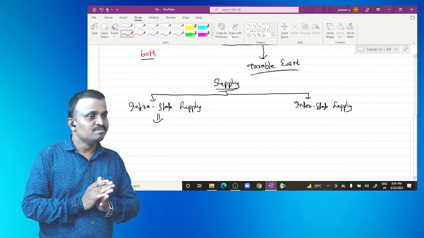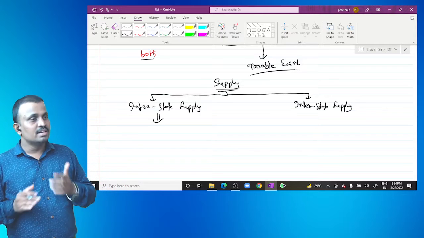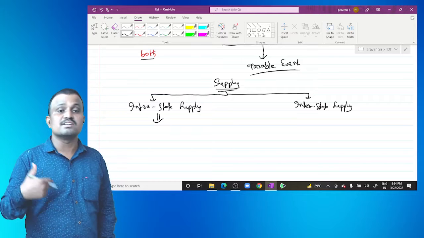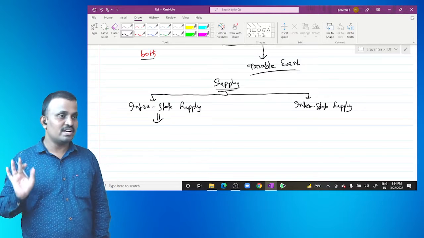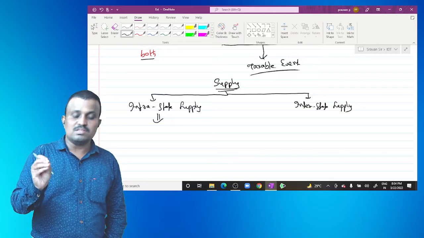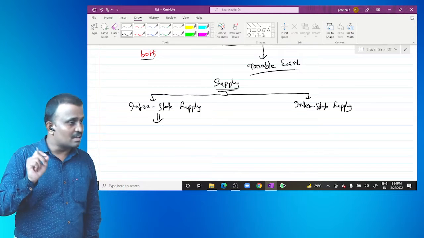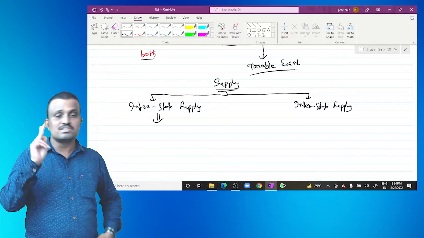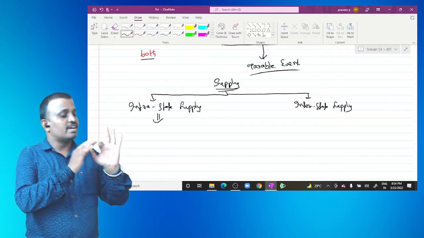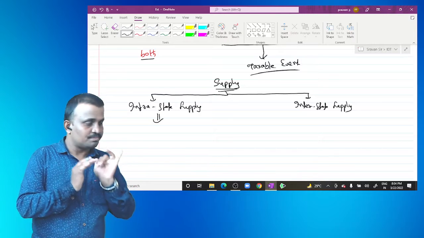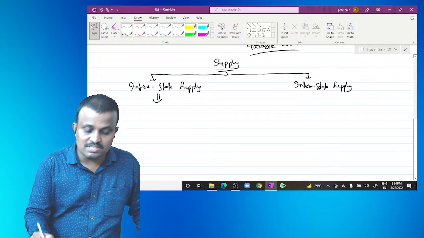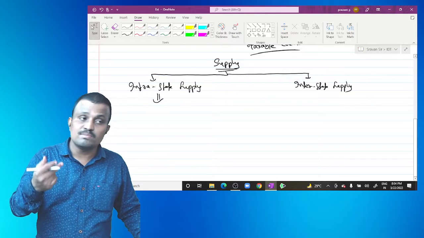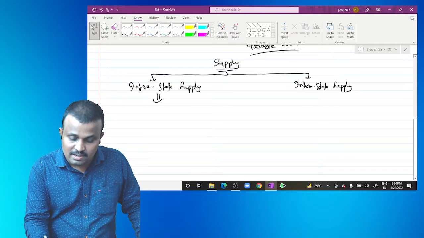In case of interstate supply, the supply is made by one person to another person located in different states or different union territories. But as per the provisions of the GST law, intrastate and interstate supplies are defined based on two factors: location of the supplier and place of supply. If location of the supplier and place of supply are located in the same state or same union territory, those are said to be intrastate supply.